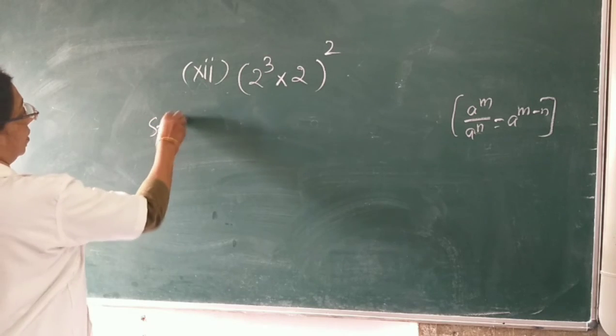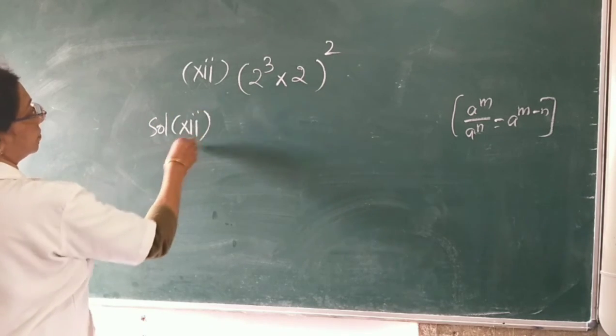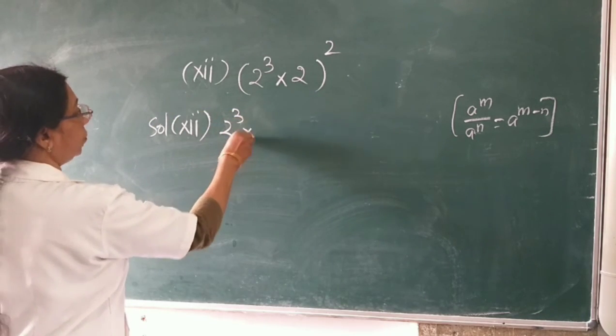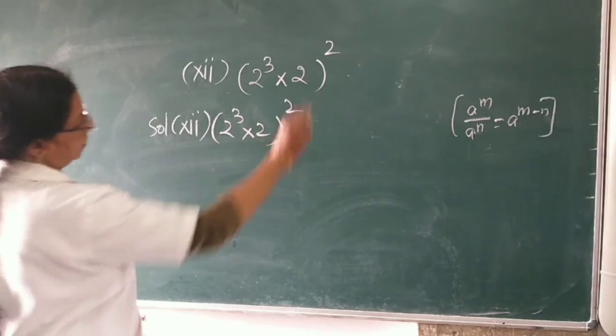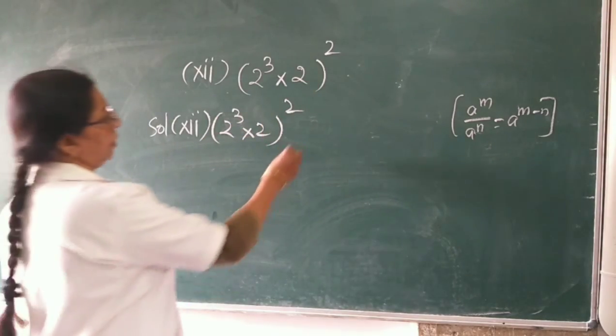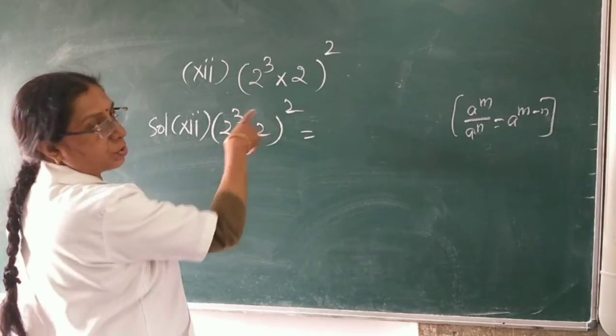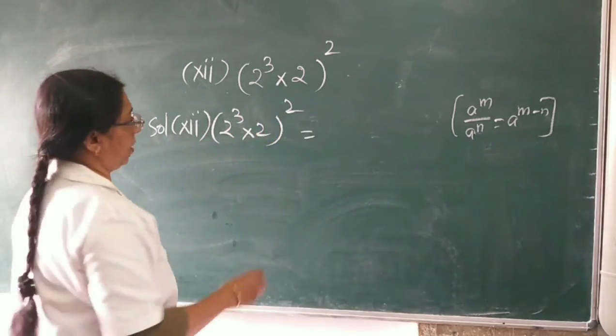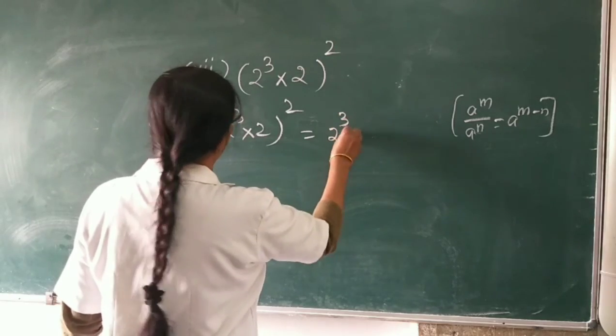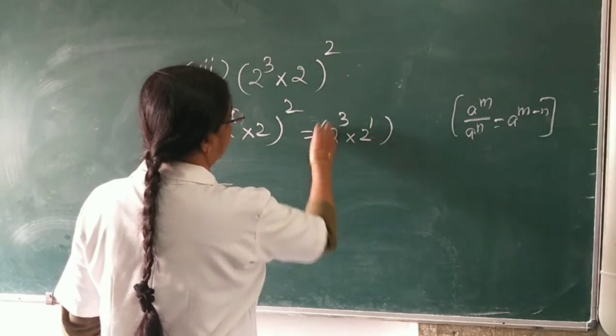Solution 12. 2 cube into 2 the whole raised to 2. Okay, here a raised to m into a raised to n. The power of 2 is 1. Another 2 cube into 2 raised to 1 the whole square.